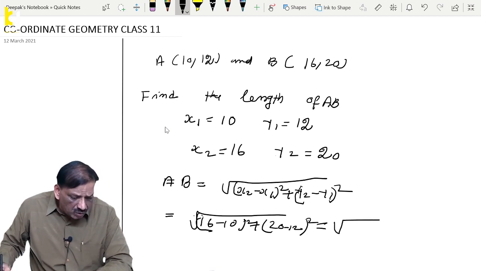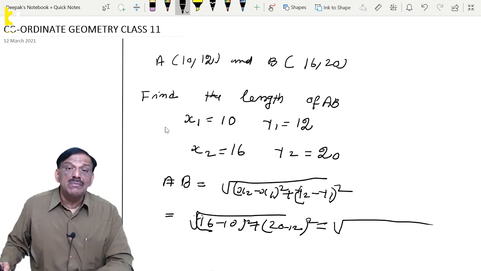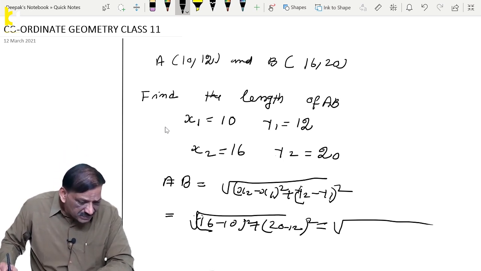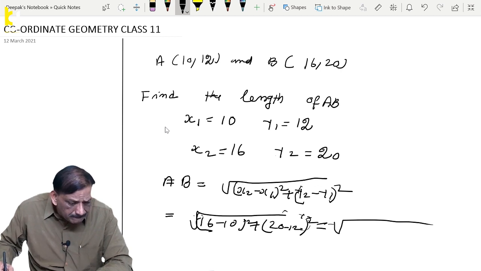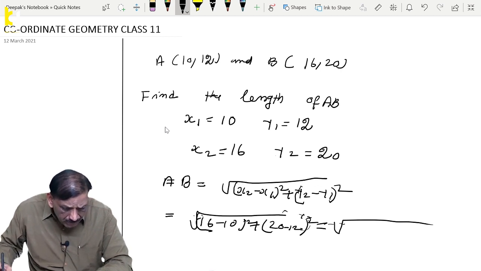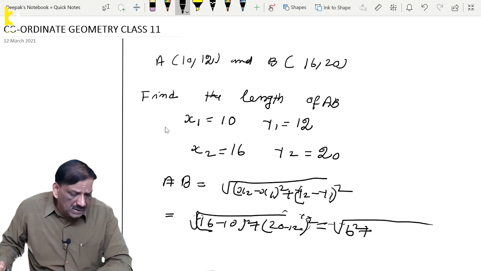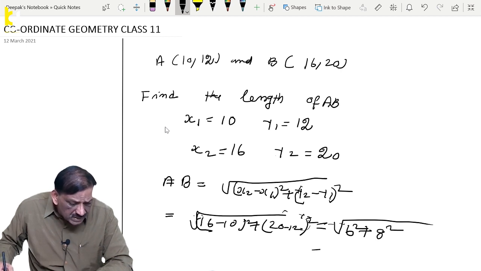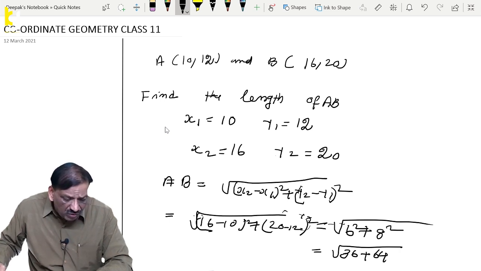That is equal to root of 16 minus 10 whole square, which is 6 square, plus 20 minus 12 whole square, that is 8 square. That is equal to root of 6 square, that is 36, plus 8 square, that is 64. That is equal to root of 100.